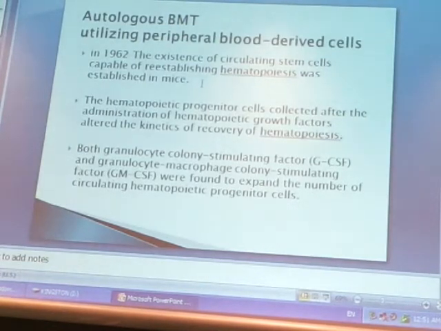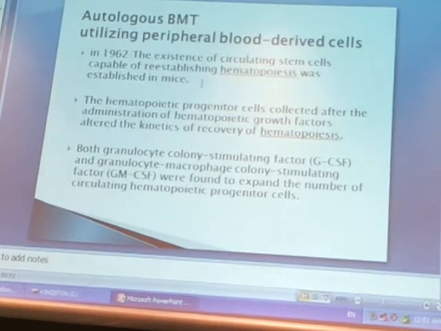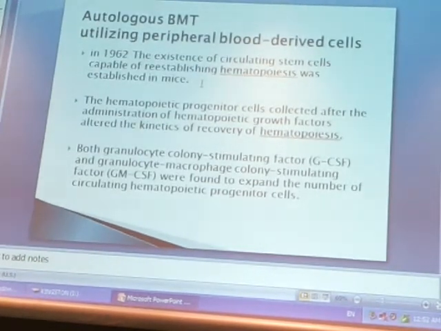How many types of acute leukemia? Acute myeloid and acute lymphoid. Yes, acute lymphoid leukemias and acute myeloid leukemias. How many types of acute lymphoid leukemias? T and B. T and B leukemias. How many types of acute myeloid leukemias?